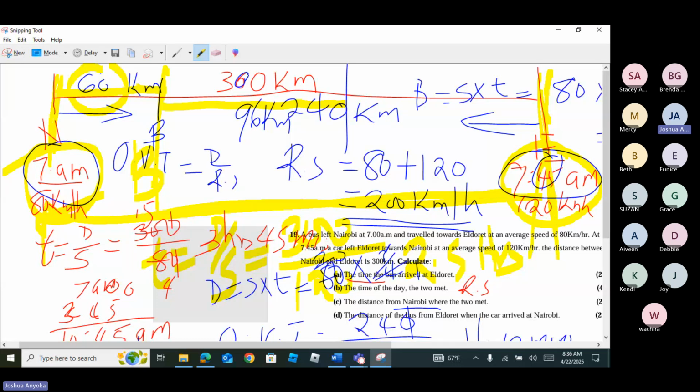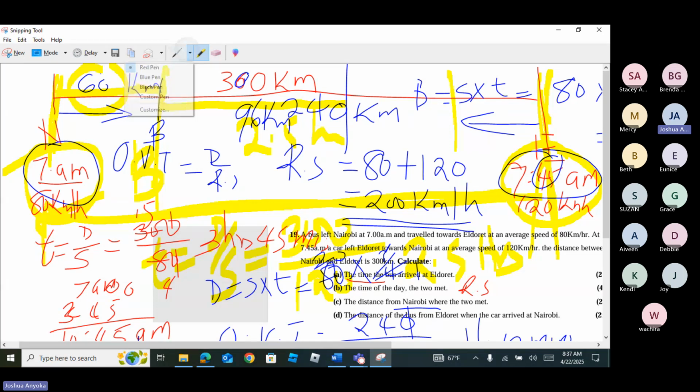But remember, in the 2.5 hours, the bus will also be moving. So which distance is it going to cover in 2.5 hours?